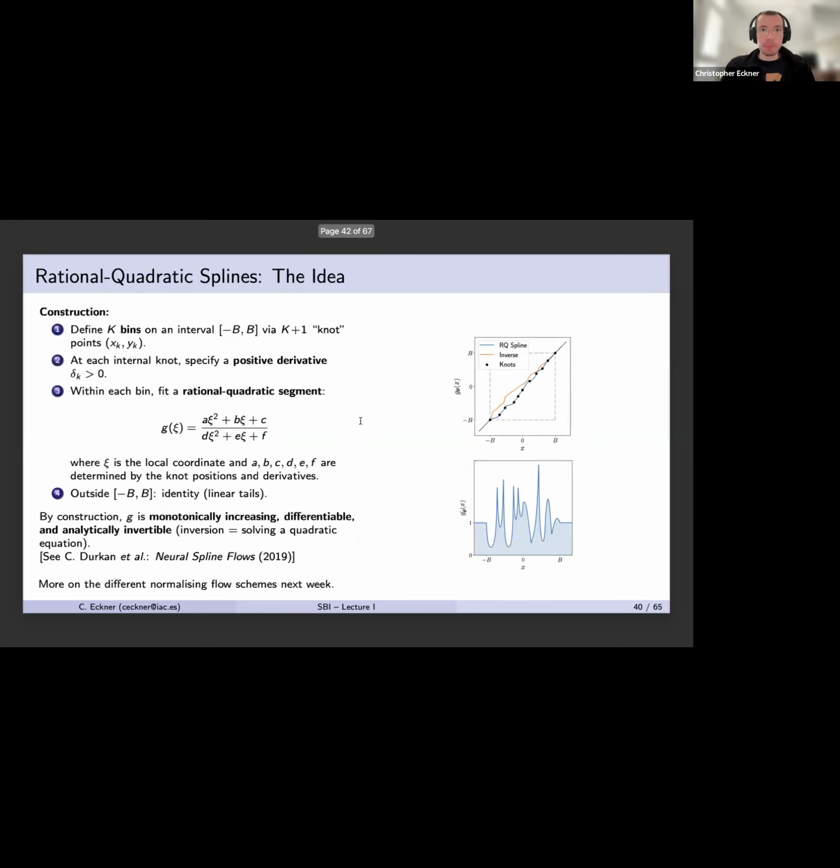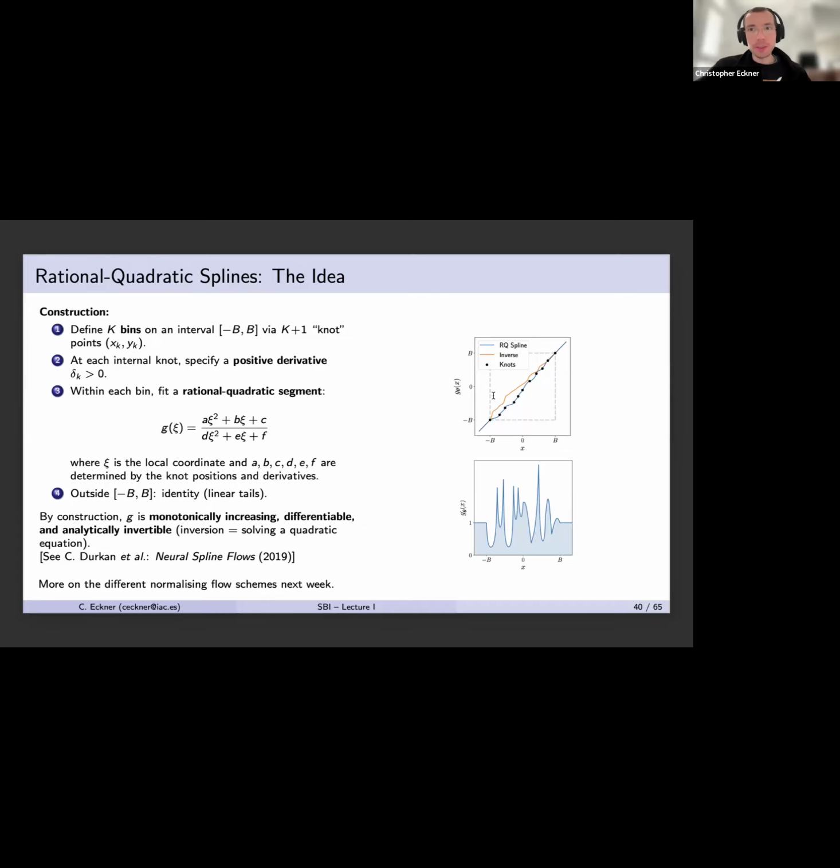Fine. But the question is, well, how does this work? So let me first make this little detour to these so-called splines, just so that you understand a bit what the gist behind it is. So maybe you can look here at the right picture, where in this plot you see a certain interval from minus b to b.